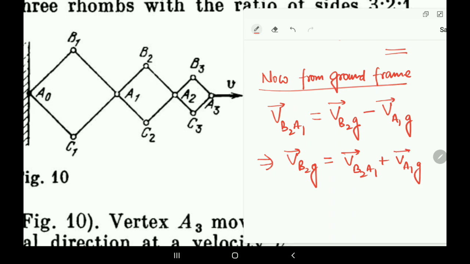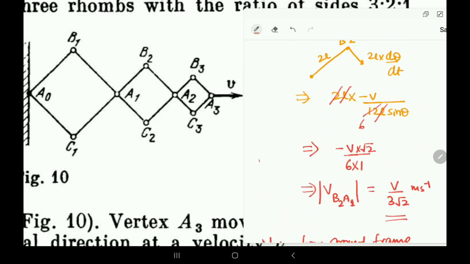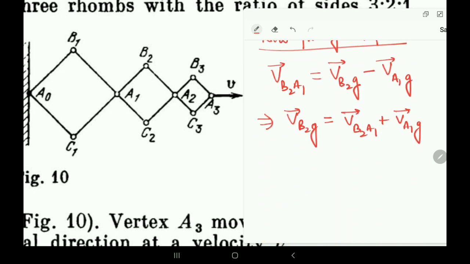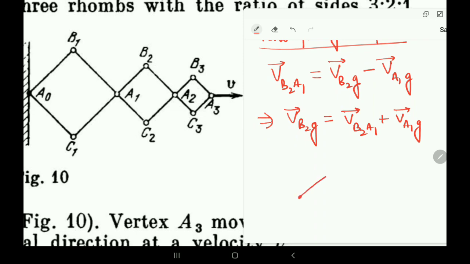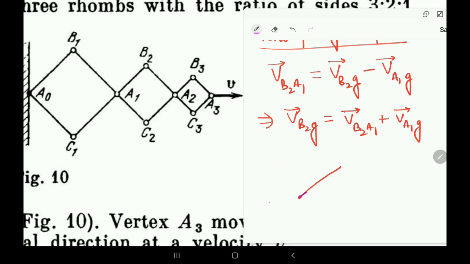I have already calculated the velocity of B2 with respect to A1, which can be written as v_B2G minus v_A1G. Remember the relative equation. From that, v_B2G can be calculated as v_B2A1 plus v_A1G. So basically the frame velocity has to be added vectorially.